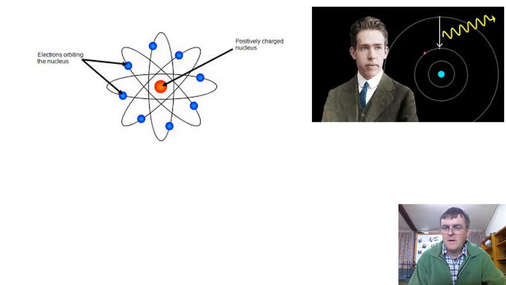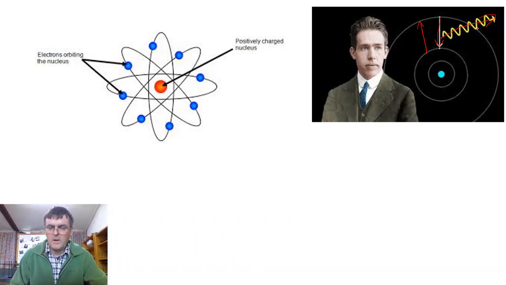So we can get an electron to jump up to this layer here by putting energy in, but it will fall back down, and as it does, it releases a photon of light energy, and that's where we get different colors of light by exciting atoms of different elements.